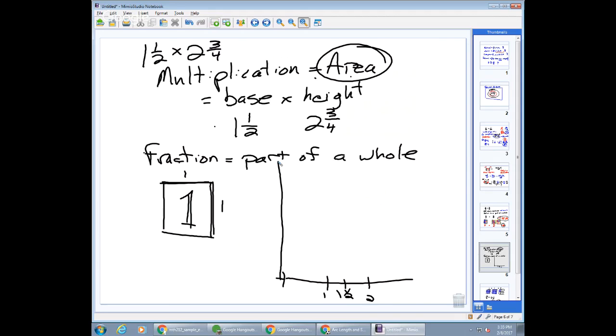So if that's 1, let's see, that's about an eraser. So there's 1. Uh-oh, I'm running out of room. There's 2. 3 would be up by my t. I need to cut that into halves and then quarters. So if this is 1, that's 2. That line right there would be 2 3/4.